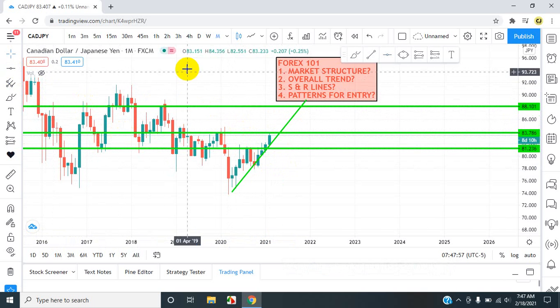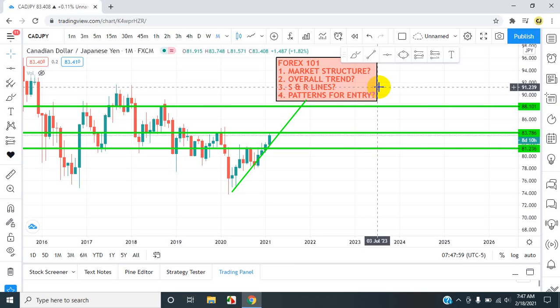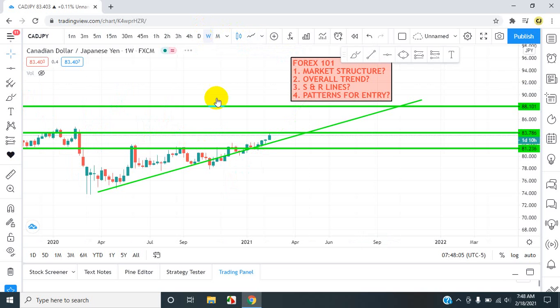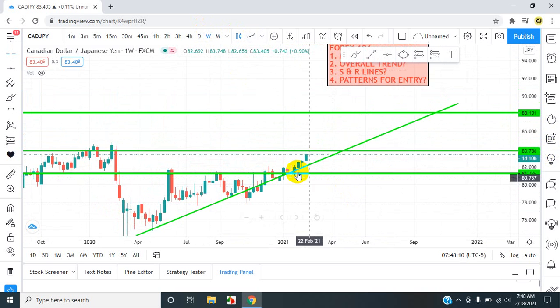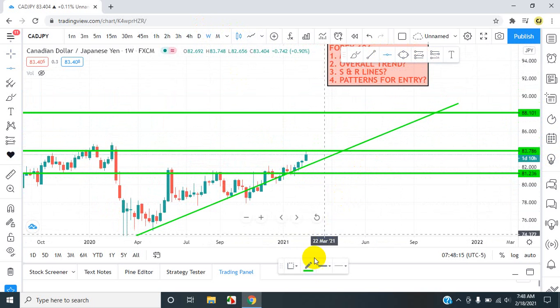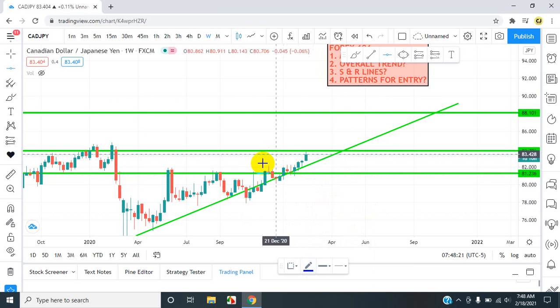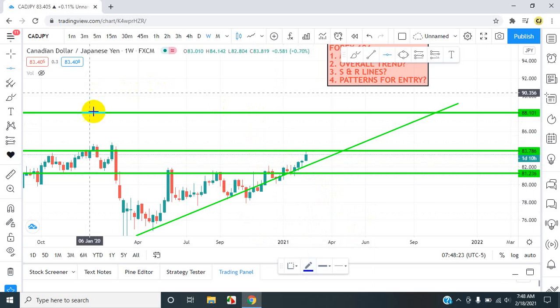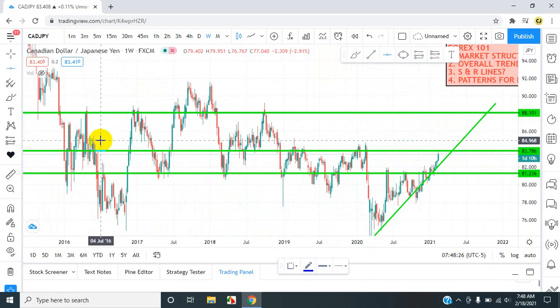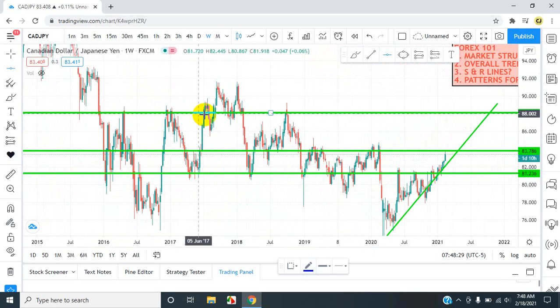Okay, from there we can head down to the weekly time frame to finish up our SR lines. When we head down to the weekly, we're going to fill in SR lines. We're going to change the color to blue, and we're going to put SR lines between our green lines. I like to pan out, and I like to grab the peaks. If we go in between the green lines, we're not going to go in at the top. We're going to start in the center.